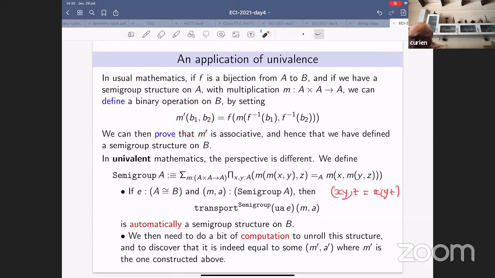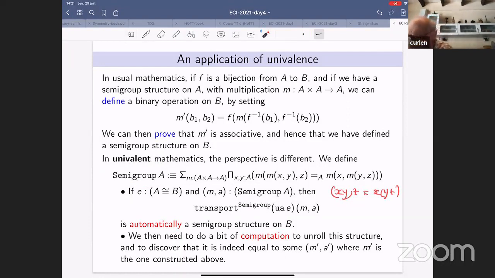Okay, so in univalent mathematics, things happen in the completely opposite order. Instead of having to define a semigroup structure on B explicitly, the univalence axiom will provide it to you as a gift, a little bit like a black box.